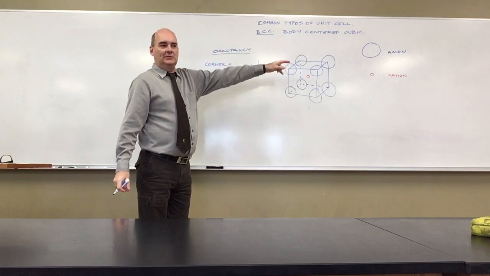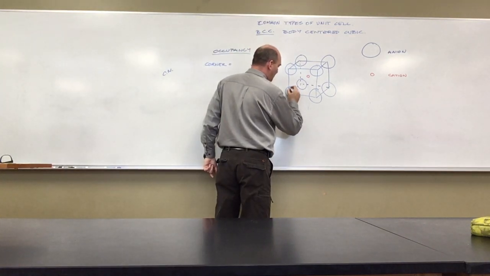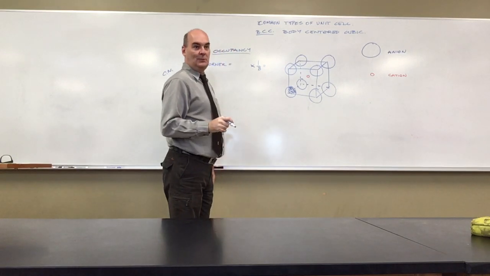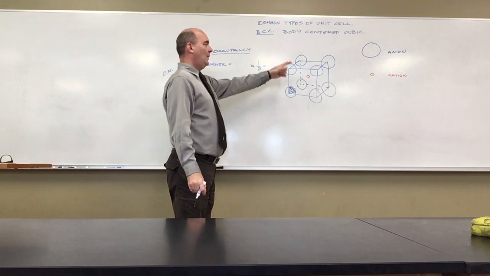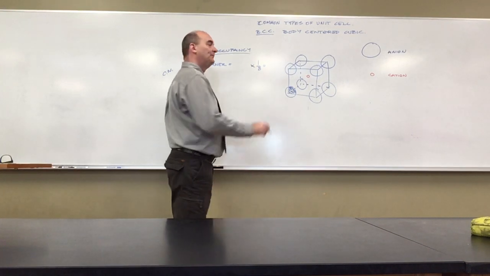Each of those spheres is only inside the box for this part, which is 1/8 of it. 1/8 of it is inside the box. How many anions do I have? 8.